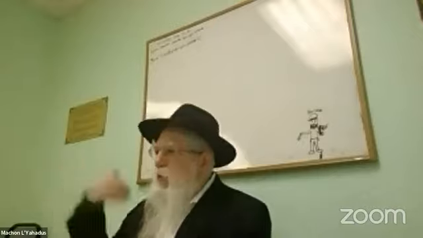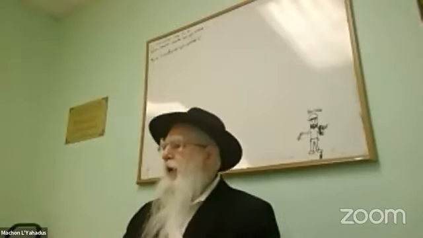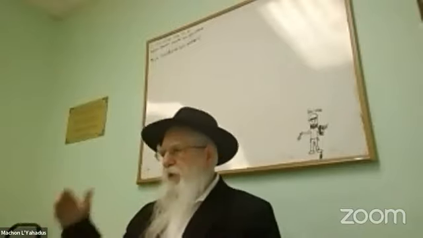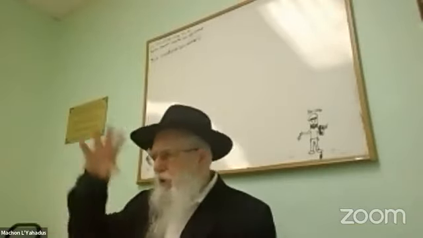This point that he makes in the Maimer, that each sphere includes the other sphere, like we say in our counting of the Omer, Chesed sheb'Chesed, Gevura sheb'Chesed, Tiferes sheb'Chesed, that each sphere includes the others. That's the word hiskalelus. The word hiskalelus comes from the word klal. Klal means general or includes.